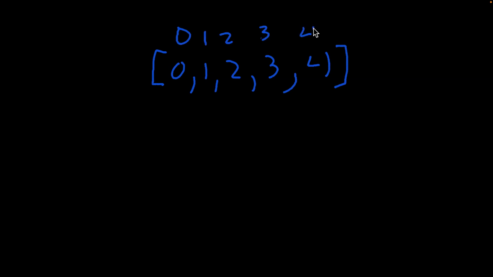If we have an array here, and we're counting the indexes, what index is 0? 0, right? So then 1 is 1, 2, 3, 4, right?